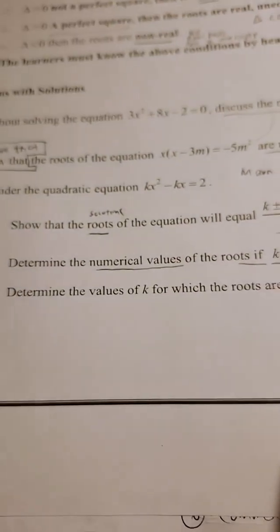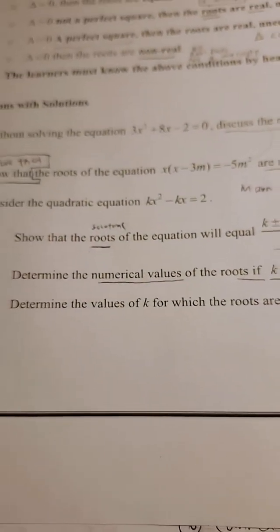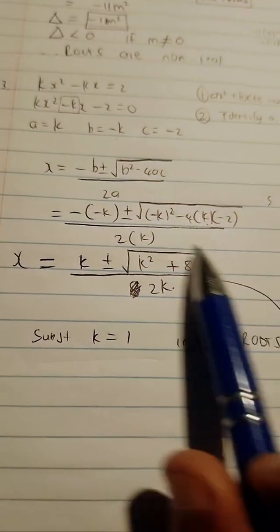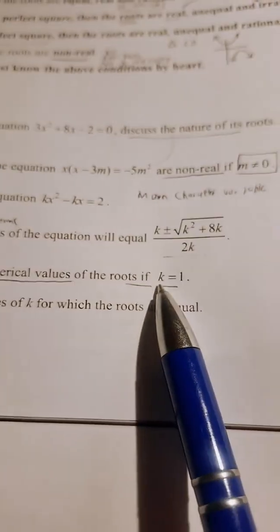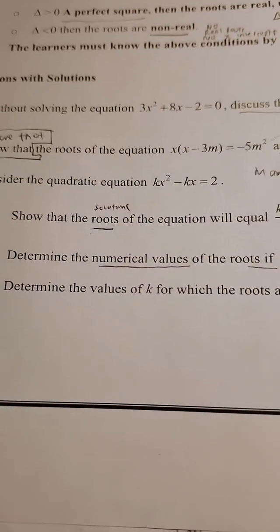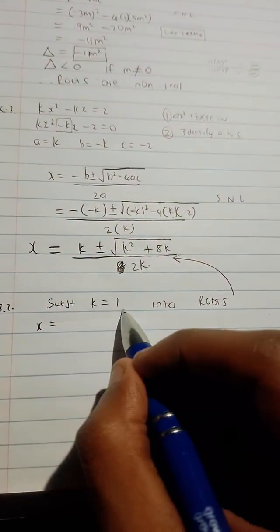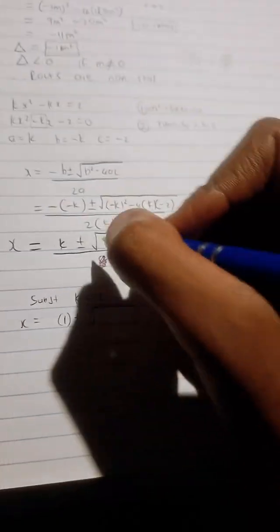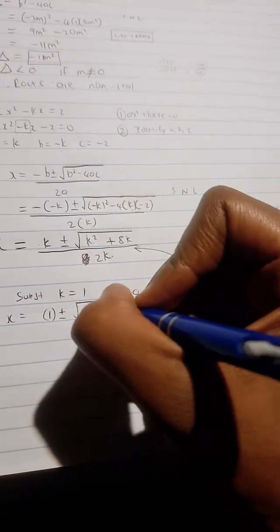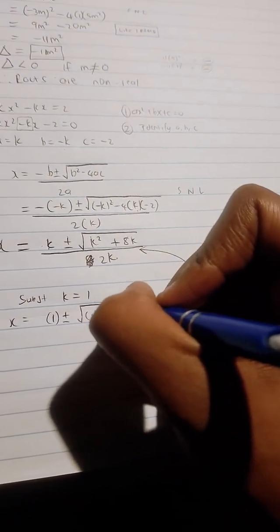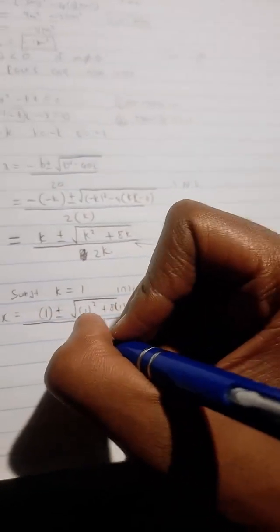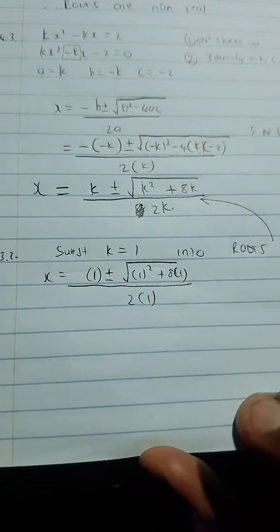When they say numerical values, guys, they are saying find x as numbers. Don't find x in terms of variables. Find x now in terms of the numbers. For how many marks? For 4 marks. So it's substitution and then getting the answer. So let's write x is equal to, in the place of k, 1, brackets, in the place of k, 1 plus 8 into 1 over 2 into 1.